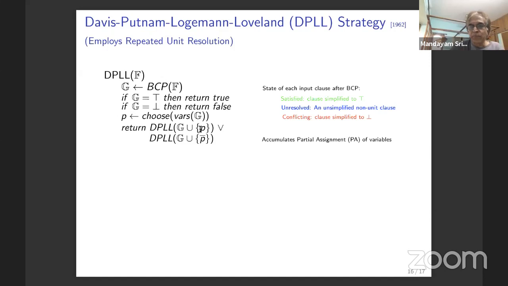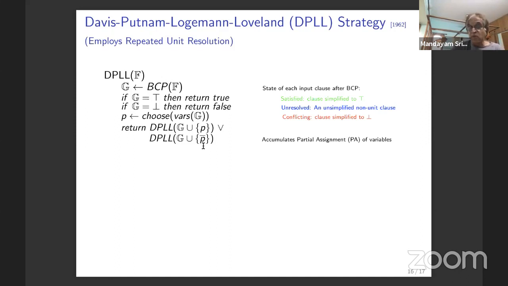So this is equivalent to saying that I have decided to make P true. If that gets a true result, then you're done. But if it gets a false result, you still have to explore the other branch of P being assigned 0.